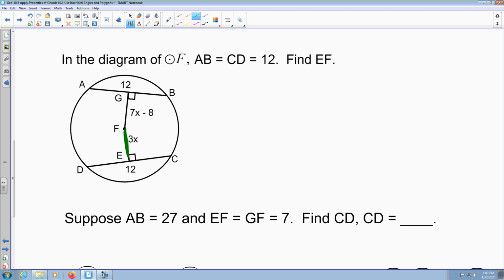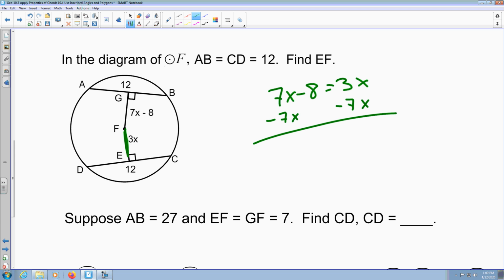So we can say that 7x minus 8 would be equal to 3x. So that's where GF is with the 7x minus 8, EF with the 3x, and then we can go about solving it from there. So subtracting 7x from both sides, I get negative 8 is equal to negative 4x.